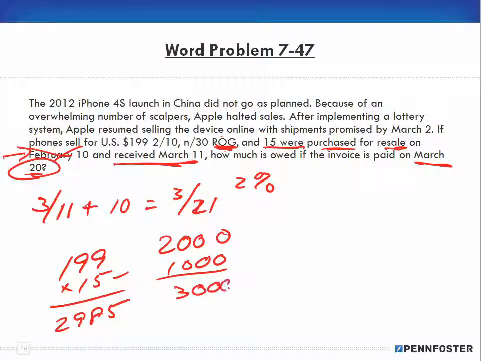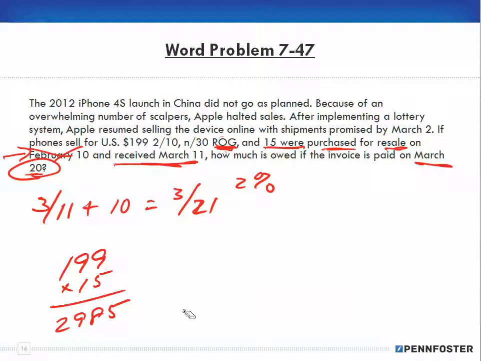That gives me the 3,000 that I'm looking for. And then $1 off, and there's 15 of them. So that's 15 off. So 100 minus 15 is 85. So I'm at 29.85, just a little bit of mental math there. But if you have to use a calculator, go ahead and use the calculator. So I'm at $29.85 here as my list price.